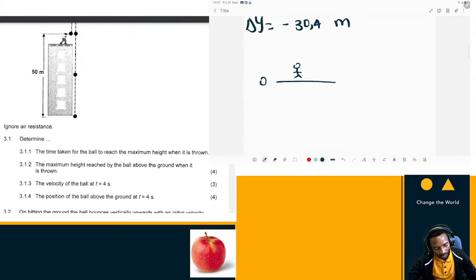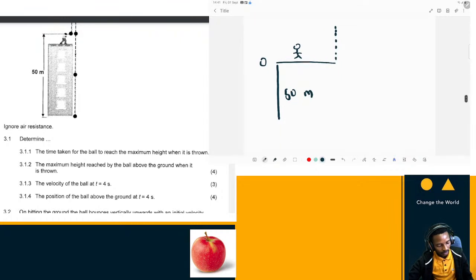The thrower was 50 meters above. So I'm going to have another 0 here as the ground. Okay, so let me put this 0 this side.